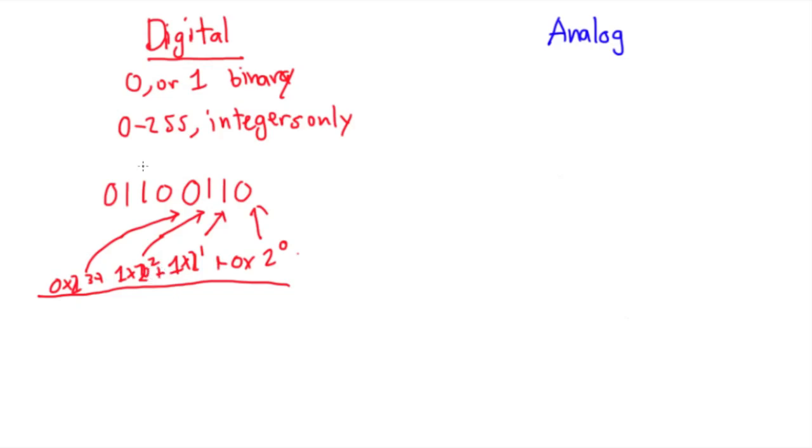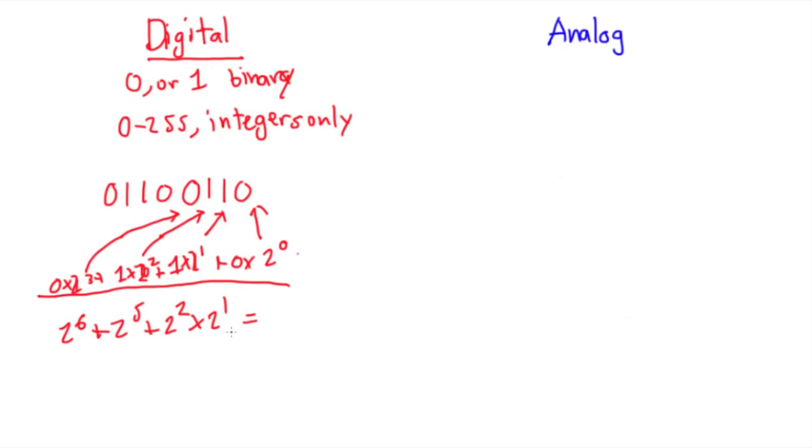So we can pretty much interpret this number. We're going to ignore these zeros because the zeros don't actually add up to anything. The way that we sum it up, it's going to be 2 to the 6th plus 2 to the 5th plus this one is 2 to the second. This one is 2 to the first.